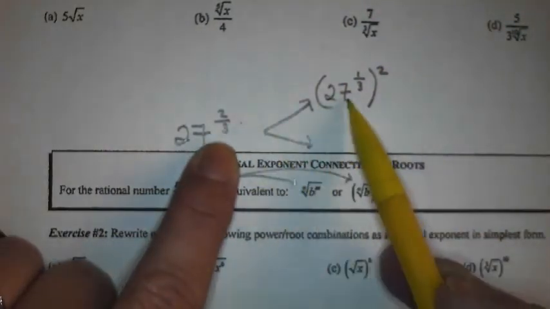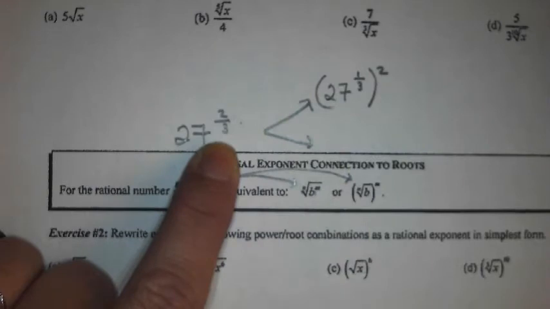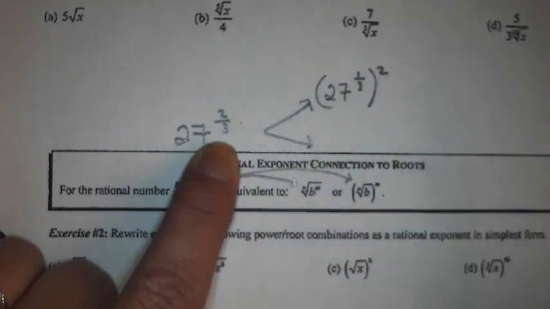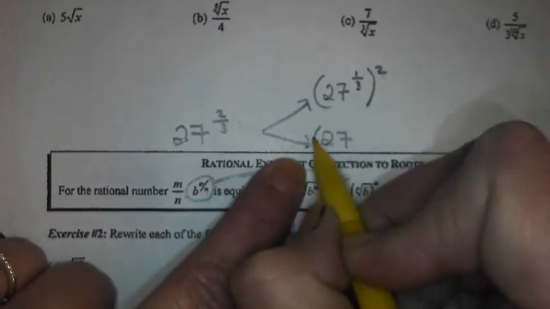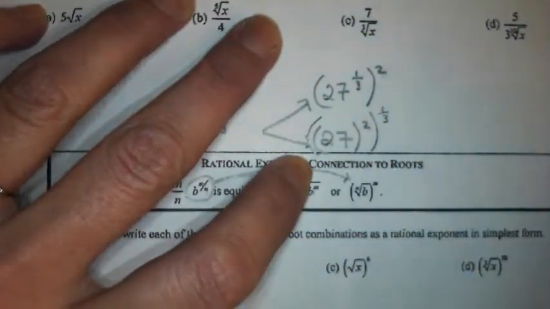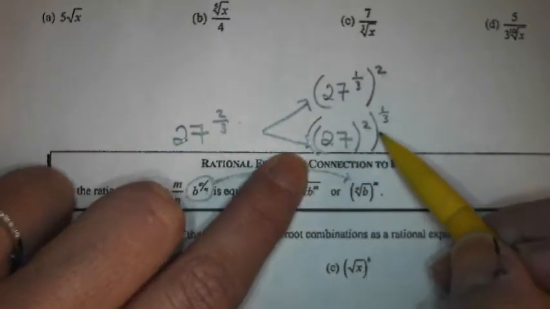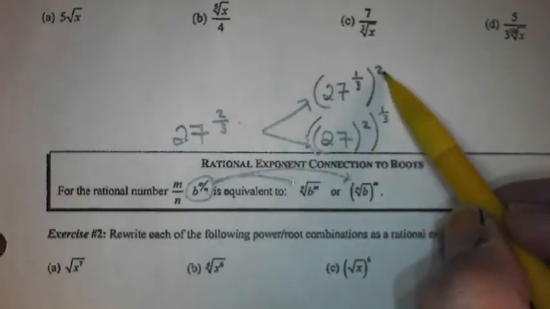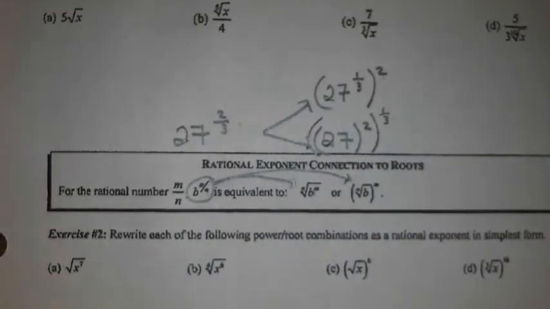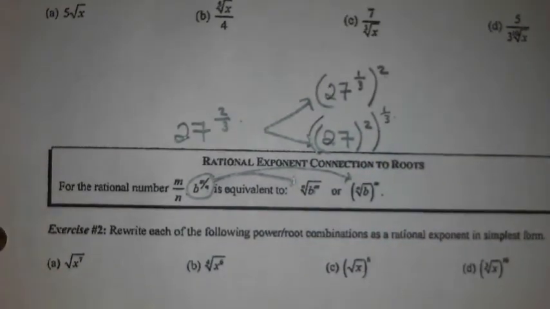Do we all agree that that's equivalent? Because of your exponent rules, power to power means multiply. 1/3 times 2 is 2/3. Yes? Or I could write it like this. I could take the 27, square it first, and then raise it to the 1/3 power. Don't we agree that whether we do 1/3 times 2 or 2 times 1/3, regardless of the order, they're both 2/3? Because multiplication can be done in any order.